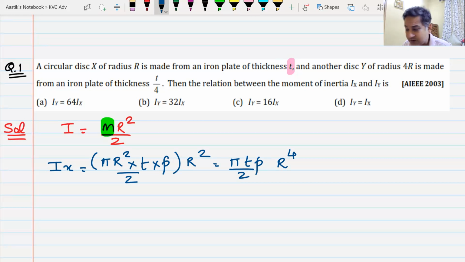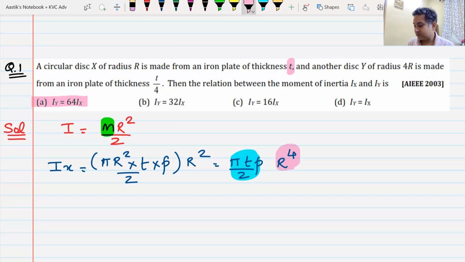You don't have to do anything further because now you know that all these three are constants. Yes or no? Yes, sir. That means moment of inertia is directly proportional to r to the power 4. So the radius of the y disk is 4 times, so 4 raised to the power 4.